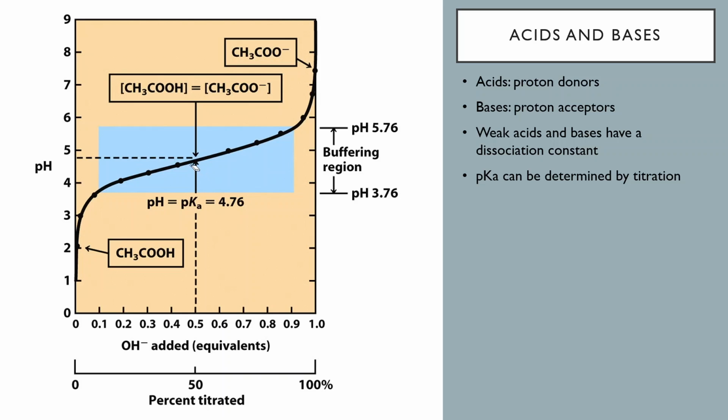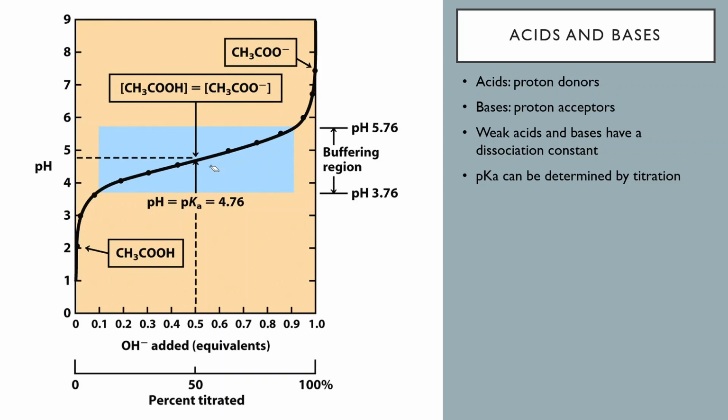The reason is that as you get to the point where the concentration of conjugate base and conjugate acid are equal, you're getting close to the point where the pH equals the pKa. And so adding more hydroxide ion will have less of an effect on increasing the pH until you start to get away from the pKa, and then it starts to go up again.